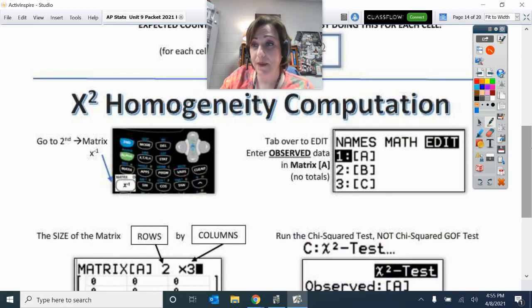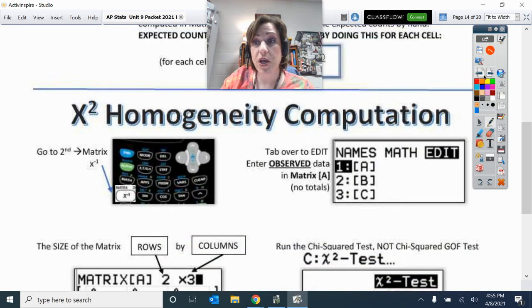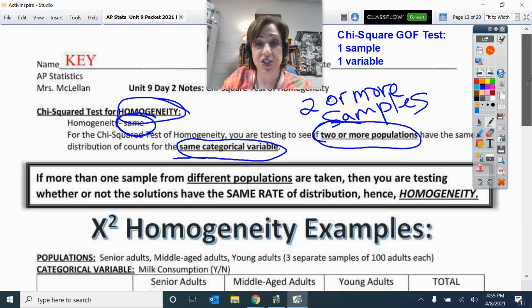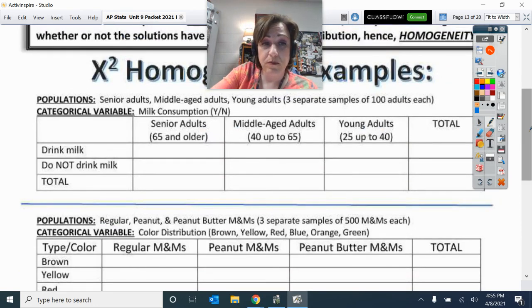First and foremost, as you've noticed on the previous page, our data is organized in a table of values with 2 different headings, not just observed and expected. All of these in this table are observed.